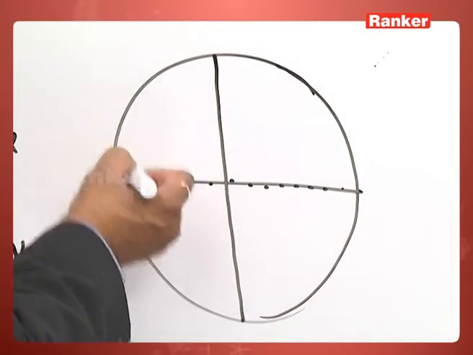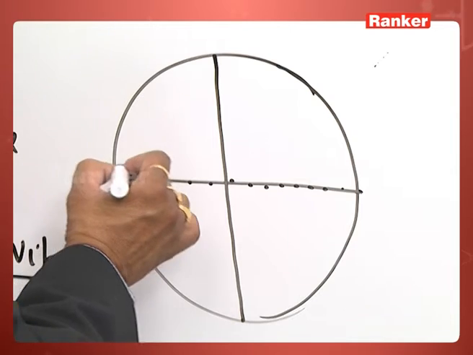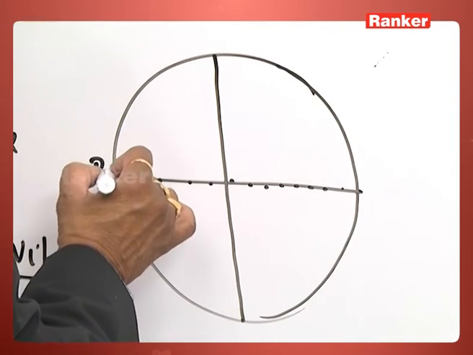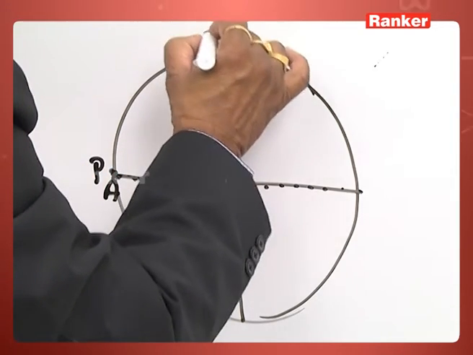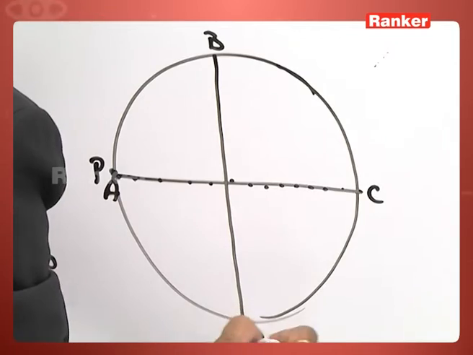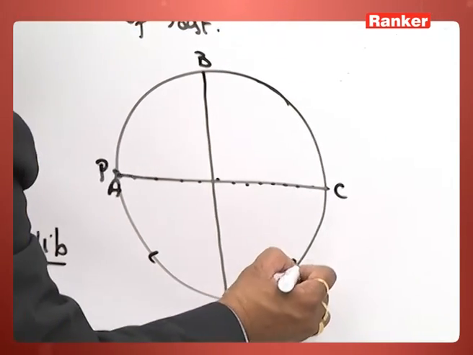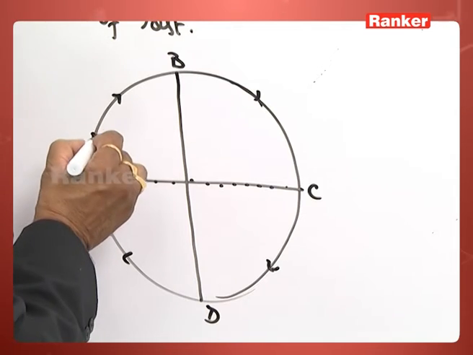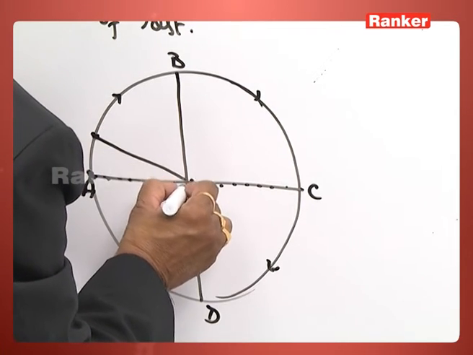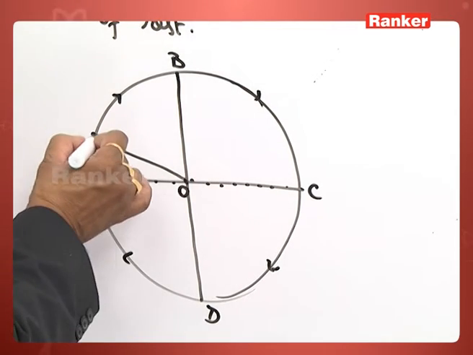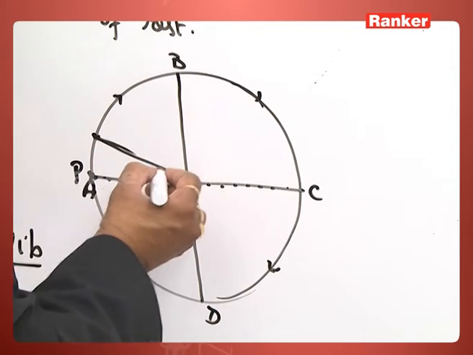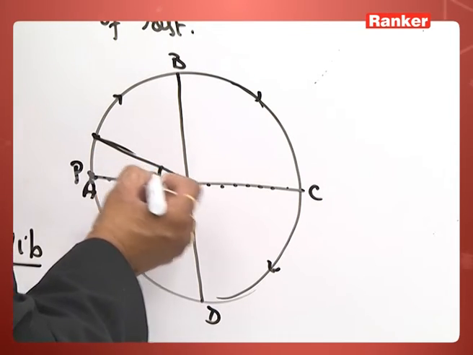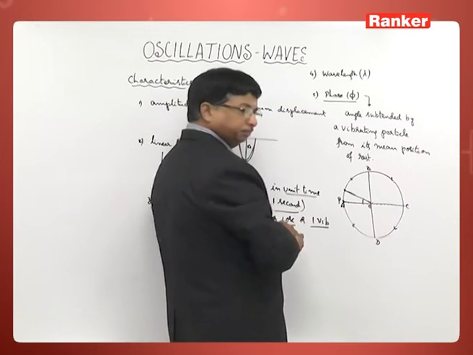When a particle P is moving from this point A to B to C then to D and back to A, then if the particle is here with reference to the center, how much angle this radius makes with the horizontal, that is what is called the phase.